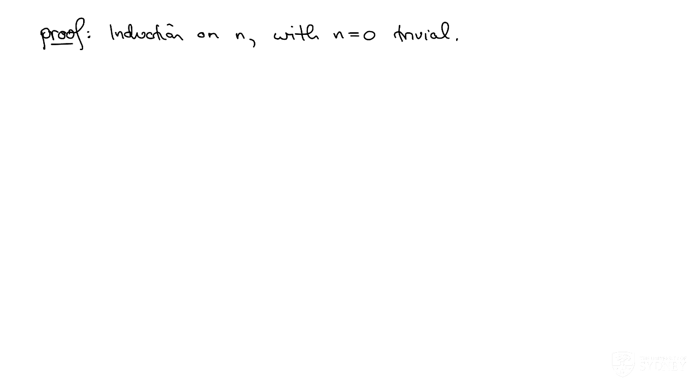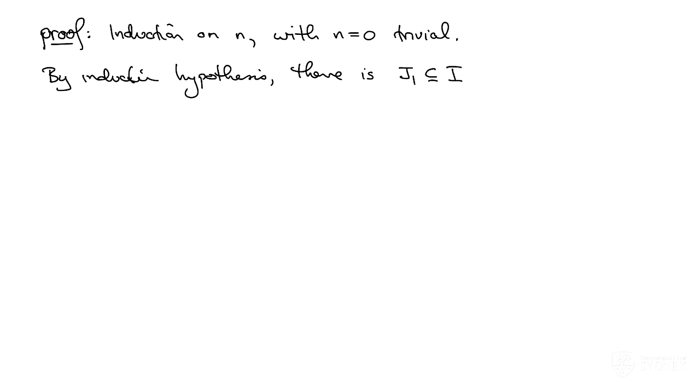Okay, so by the induction hypothesis, there's a set which I'll call J1, subset of the indexing set I, with n minus 1 elements in it.